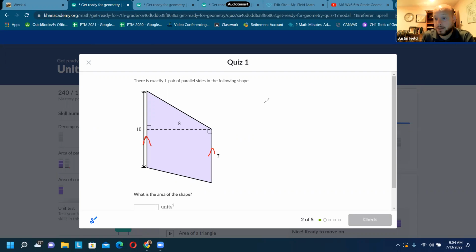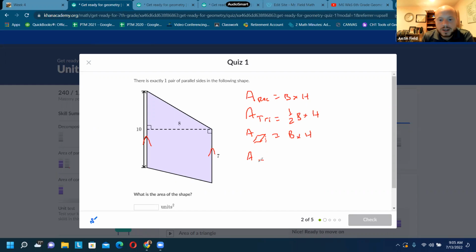There are area formulas that you should know. I don't want anyone to go into 7th grade without knowing that the rectangle area formula is base times height. And the triangle area formula is 1/2 base times height. And how about this one? The area of a parallelogram is also base times height, but the height is not the slanted side. The height is straight down.